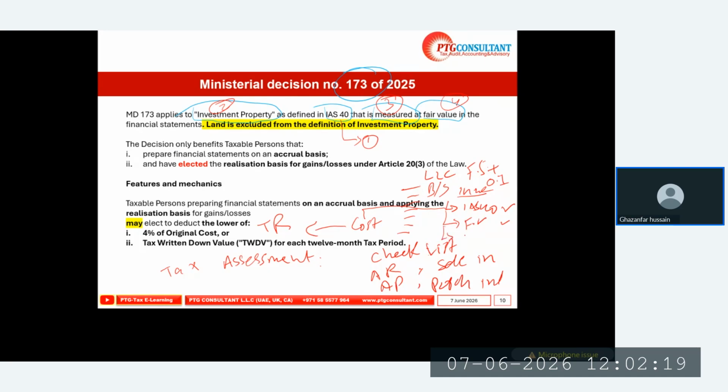So now, which ministerial decision is applicable over here? Next we have to see whether there is any depreciation previously charged on that. Of course, if they followed IAS 40 treatment correctly, there is no depreciation. So you have the deduction as per this.